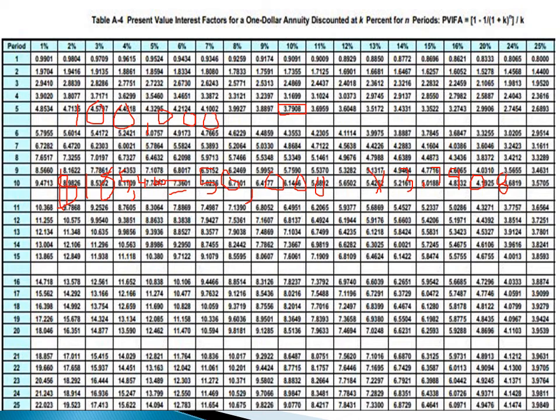Now what you want to do is to find the present value of that annuity to see if the present value is worth more today than that $100,000.